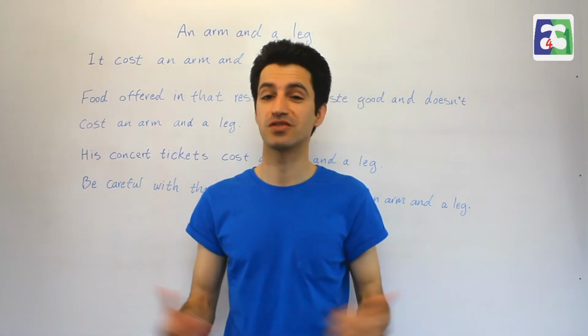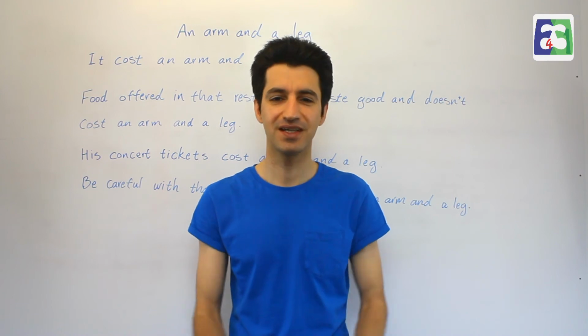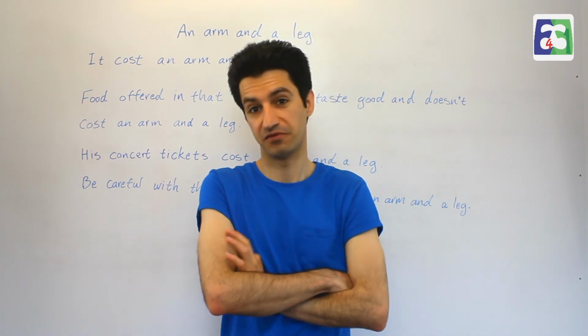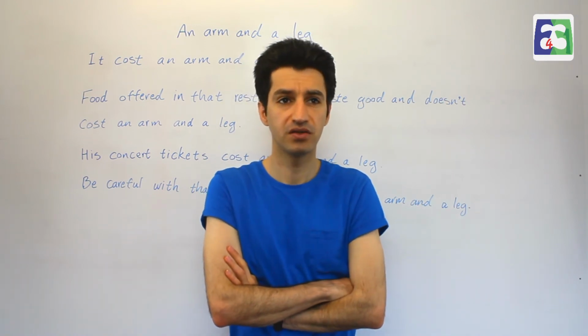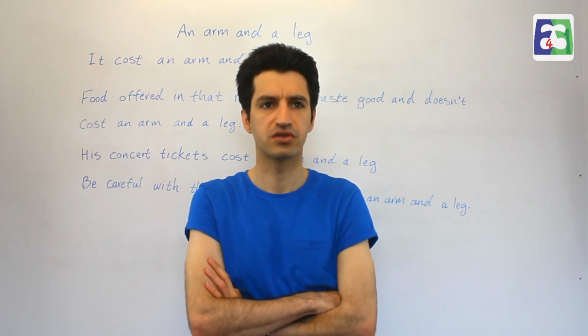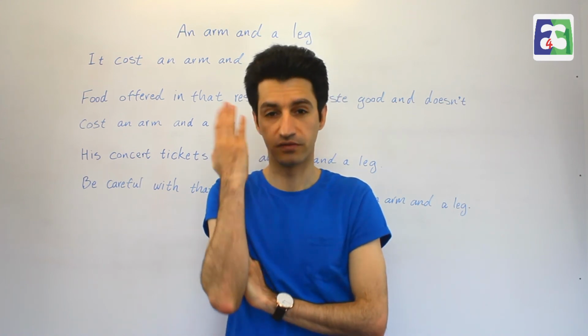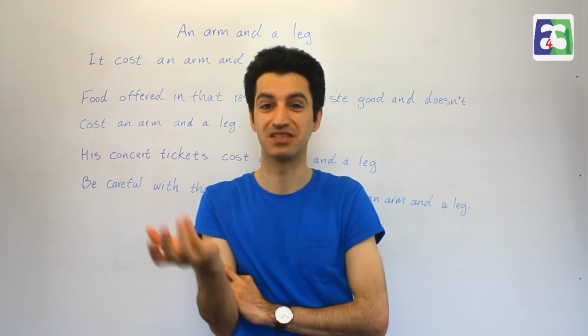Okay, so this was today's lesson. I hope you've learned something from this. I know in French, people say there is a saying that means it costs an eye of the head, which means the same thing.